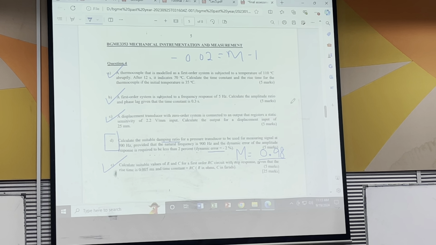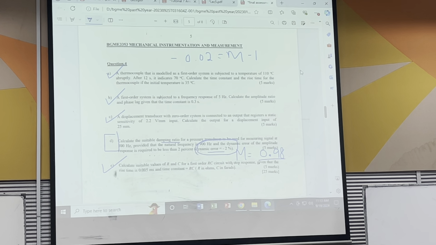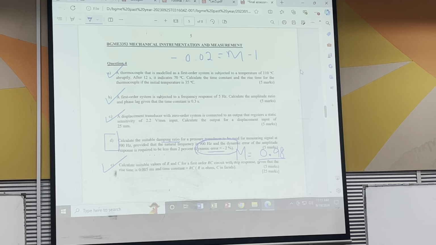Okay, right from here. The dynamic error of the amplitude is required to be less than 2%.